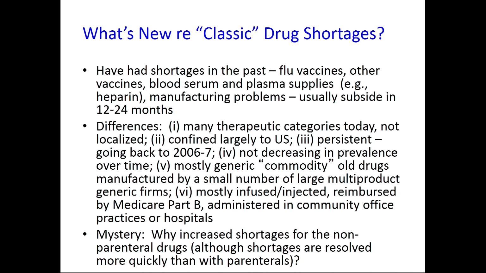They're persistent. They go back at least to a decade ago, and they're not decreasing in prevalence over time. They're mostly generic commodity old drugs manufactured by a small number of large multi-product generic firms. They're mostly infused or injected, reimbursed by Medicare Part B, administered in community practices or hospitals.